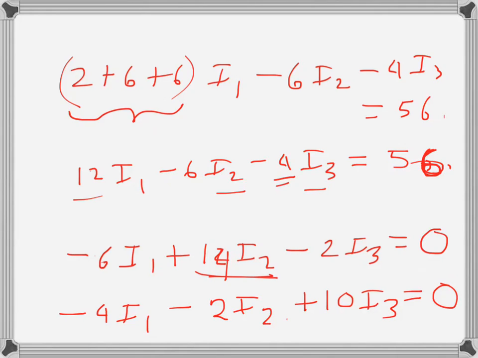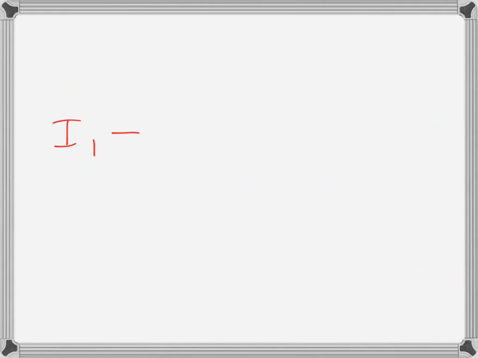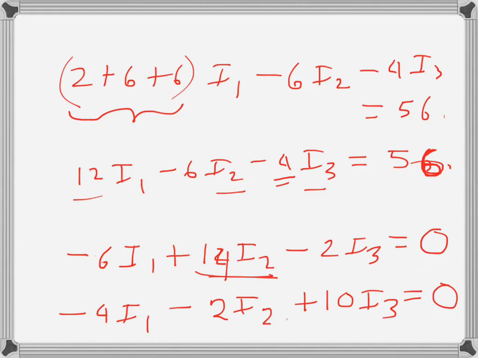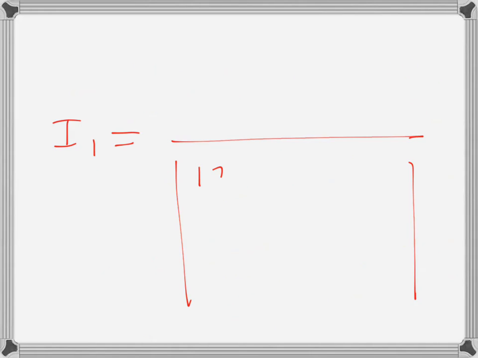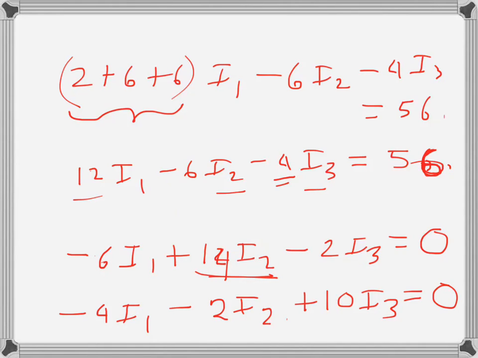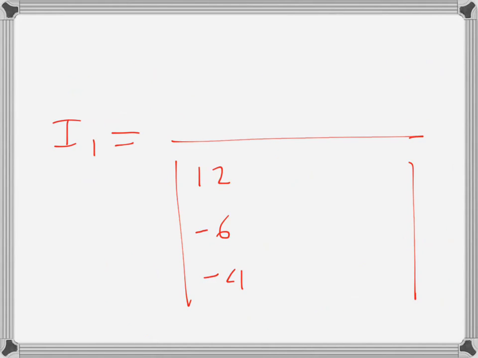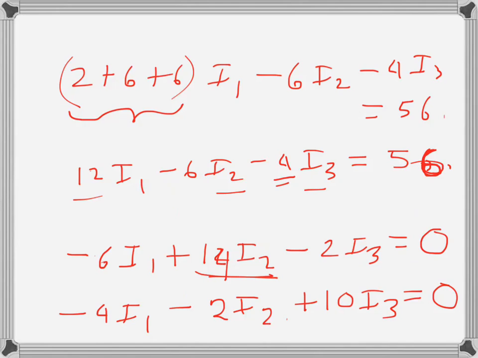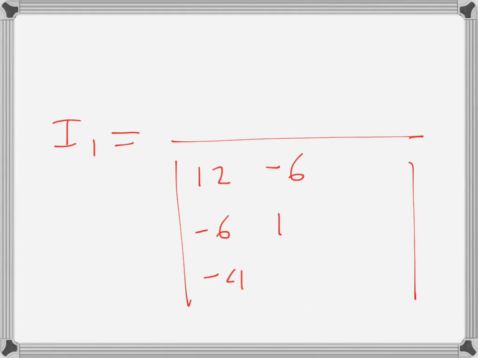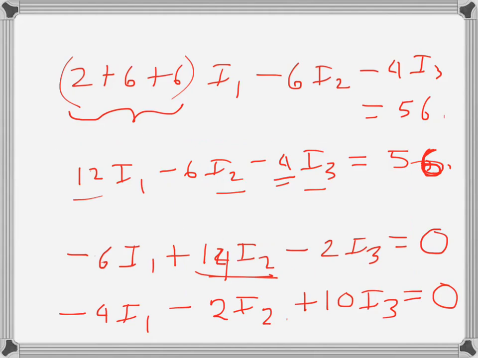So I have the equations. Now I need to find basically I1, because that is the current through the voltage source. So I1, in terms of determinants, in the denominator will be the coefficients from the equations: 12, minus 6, minus 4 in the first row; the second column is minus 6, 14, minus 2; and the third is minus 4, minus 2, 10.